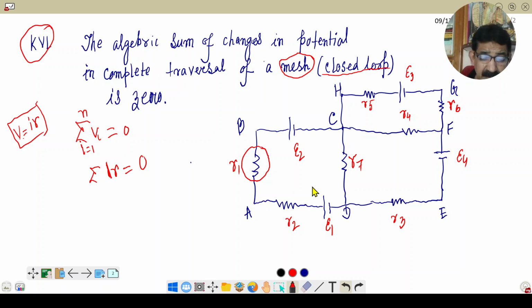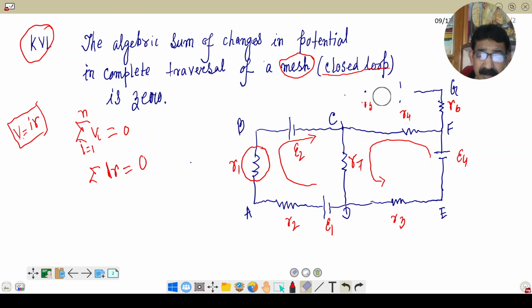Suppose this is the direction of current here, and this is the direction of current here. And we are eliminating this part for simplicity, though there may be a part like this. So it is rather easy to determine.